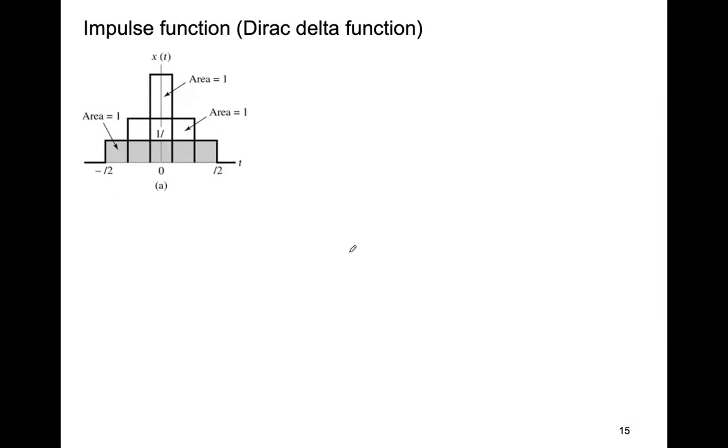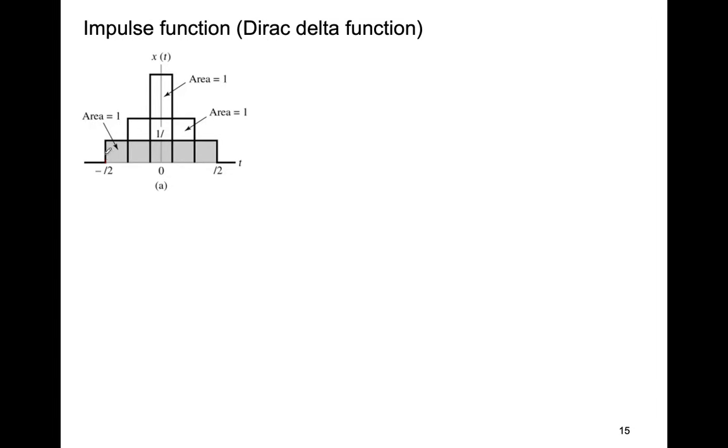Another very important function that we will be using in this subcomponent is called the impulse function or Dirac delta function. We will use both of them interchangeably. So what does it mean? That's the definition actually.